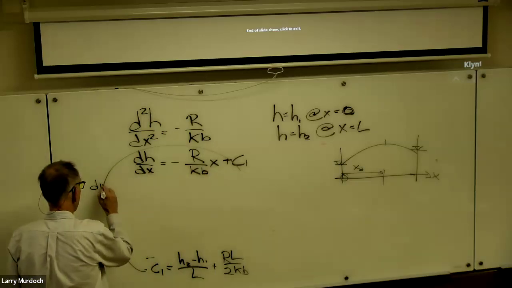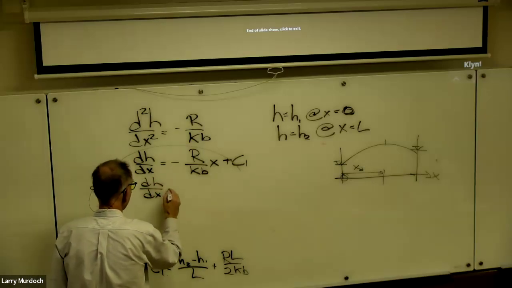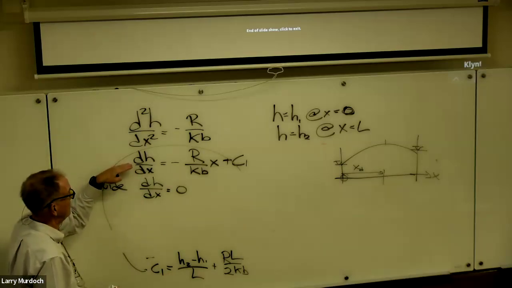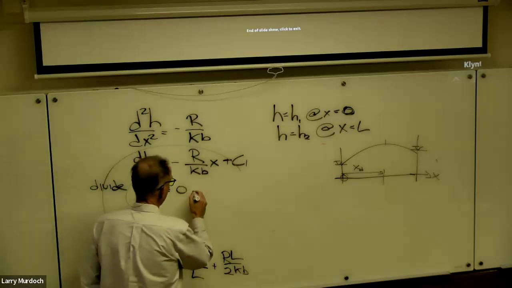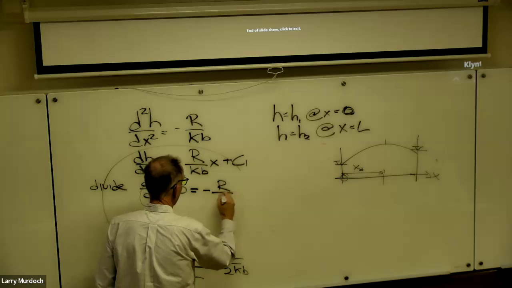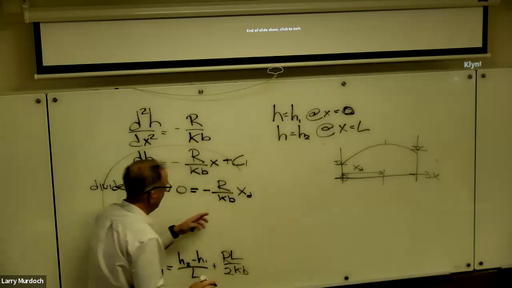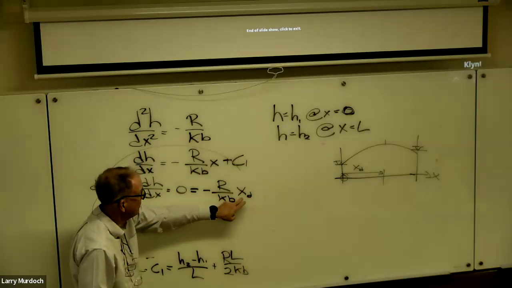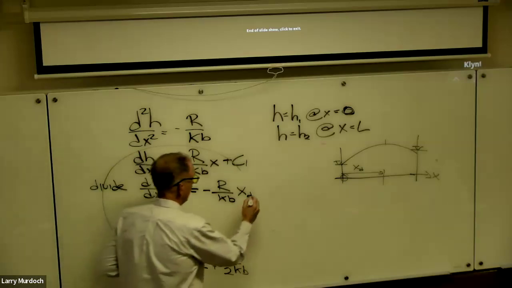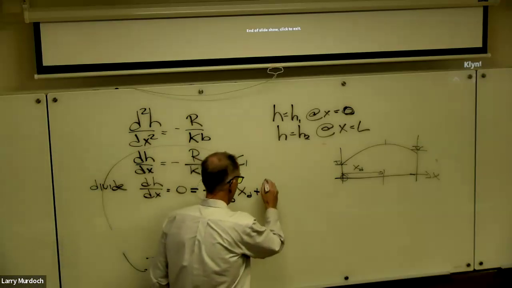So at the divide, dh/dx is 0. Well, this is what we said dh/dx was. So we can say that that equals minus R over K times x of d, right? Because it's at a specific location that the gradient here is 0. And then we're going to add in C1, and this is C1.